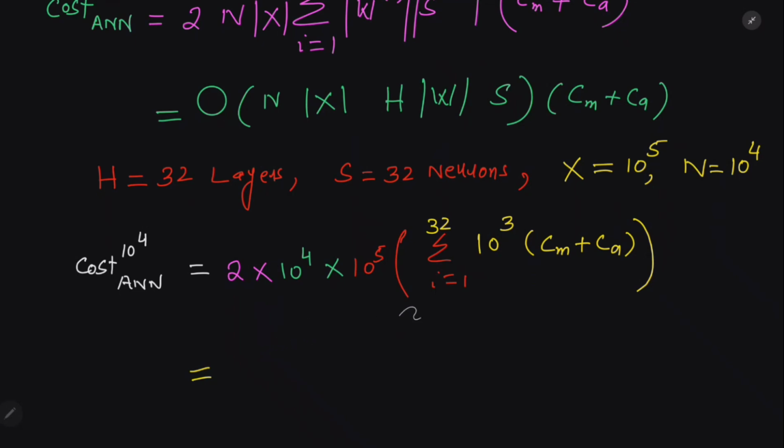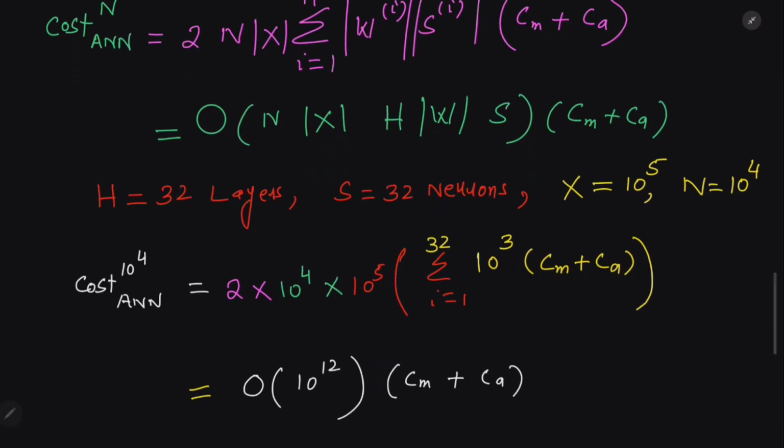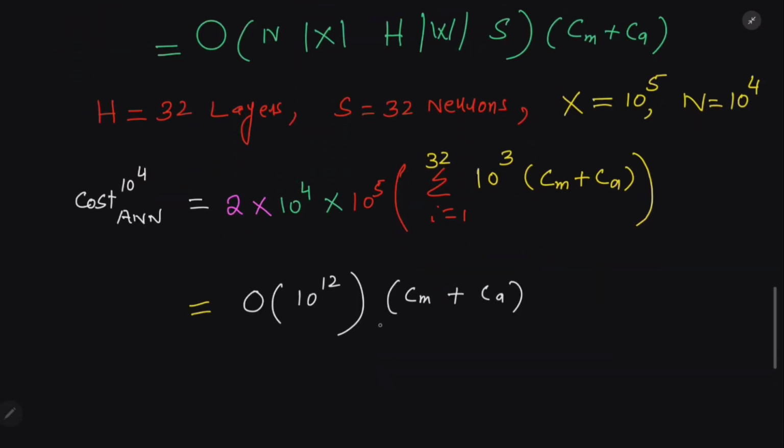Then we get the idea: it is around order of 10 raised to power 4 plus 5 plus 3, which is 12, so order of 10^12 times C_M plus C_A. So to solve your problem with this computational information, we need 10 raised to power 12.